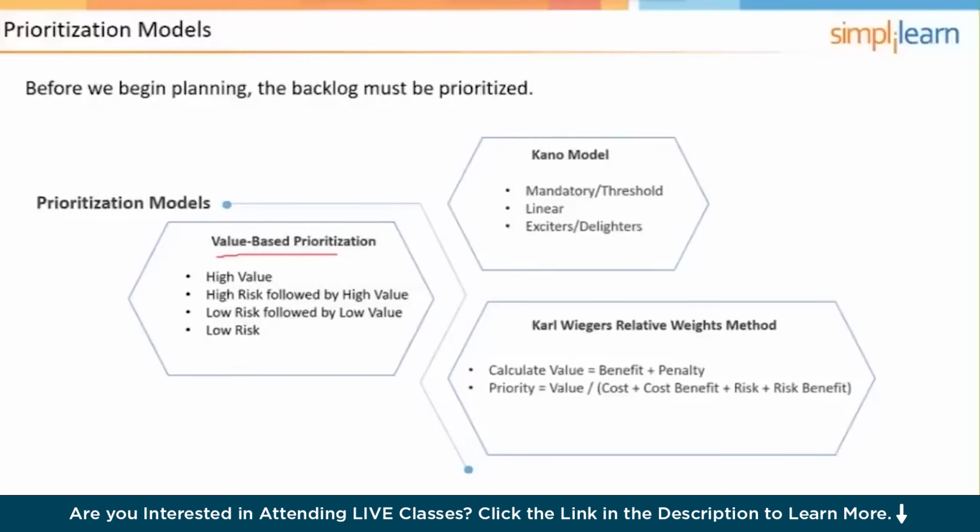Linear items are those user stories that, as they are implemented progressively throughout the project and added to the feature set, will linearly increase customer satisfaction. In their absence, there's dissatisfaction, all the way up to high implementation, creating a great deal of satisfaction for the customer. And then the third category is exciters and delighters. Those are user stories that are not mandatory.